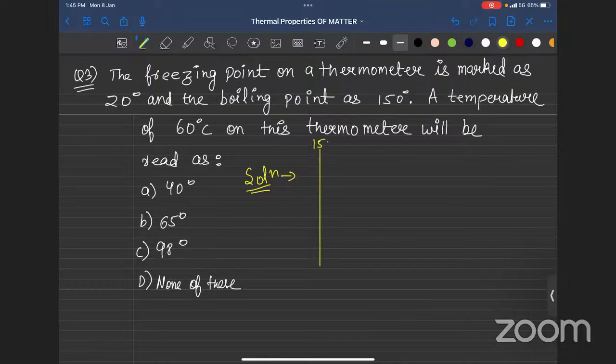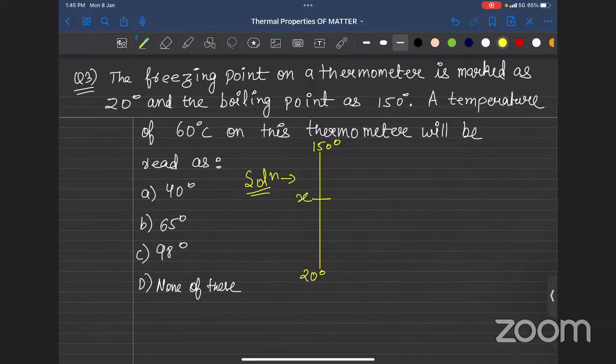This is 150 degree. This is 20 degree. This is X, random temperature. This is 0 degree Celsius. This is 100 degrees Celsius. This is 60 degree.